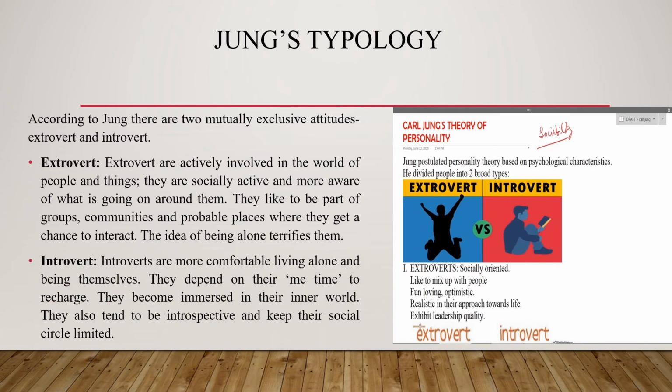The next one is introvert. Jung explained that those people who like to be alone, like living alone, or reading a book inside a room, or trying to sleep, who do not like to interact much with people, do not like to be in a group, and always try to move away from the crowd, he classified into the type known as introvert.